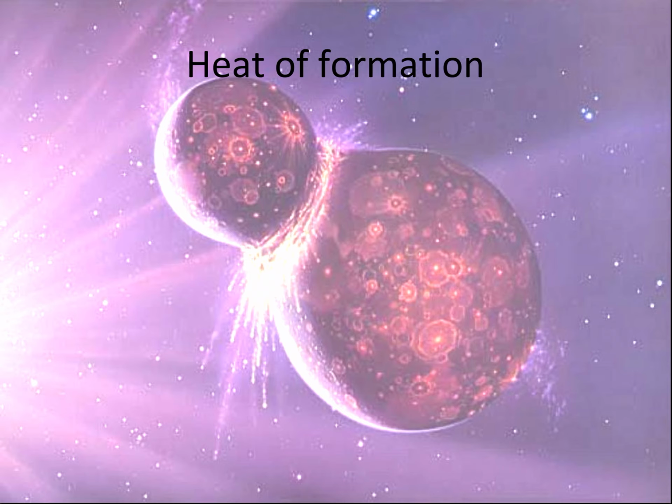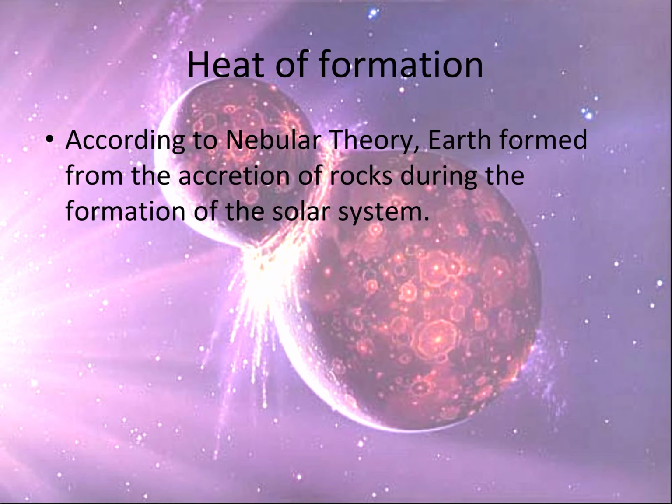Okay, and then the next way that we got heat in the interior of the Earth is by what we call the heat of formation, which is exactly what it sounds like. It's the heat that was generated when the Earth was forming. So the very early stages of the Earth, think back to what you learned during nebular theory, how we had all this accretion and stuff hitting the Earth to create the Earth, and that also created heat.